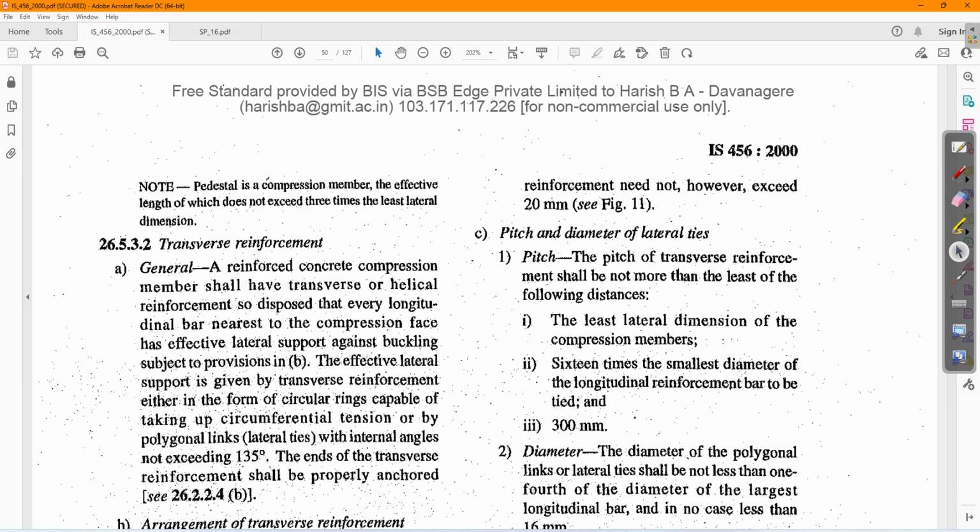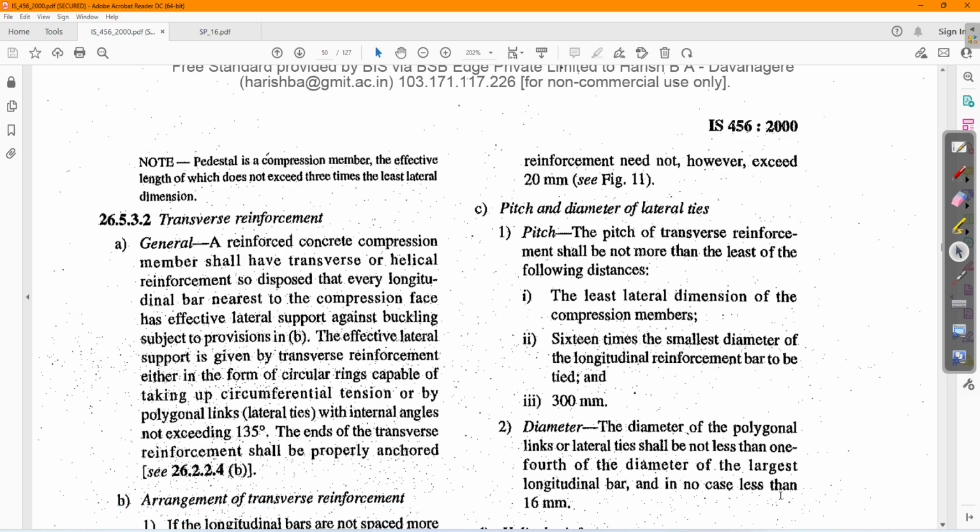So diameter: the diameter of the polygonal links or lateral ties shall not be less than 1/4 of the diameter of the largest longitudinal bar, and in no case shall be less than 16 mm. Okay.